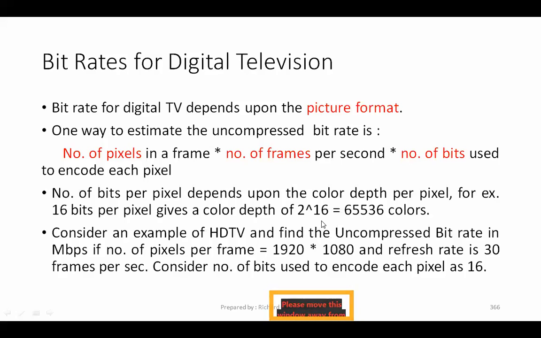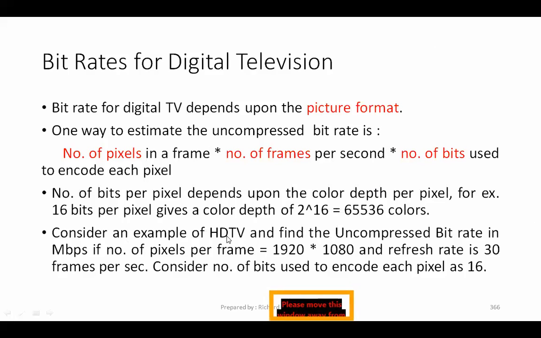As your number of bits increases, the number of color combinations also increases. So the greater the number, the better. These are just like your benchmarks. Here, this is capable of about 65,000 colors, 65K colors.